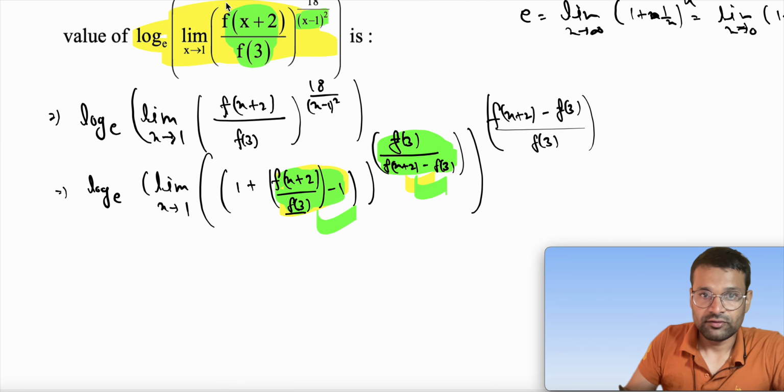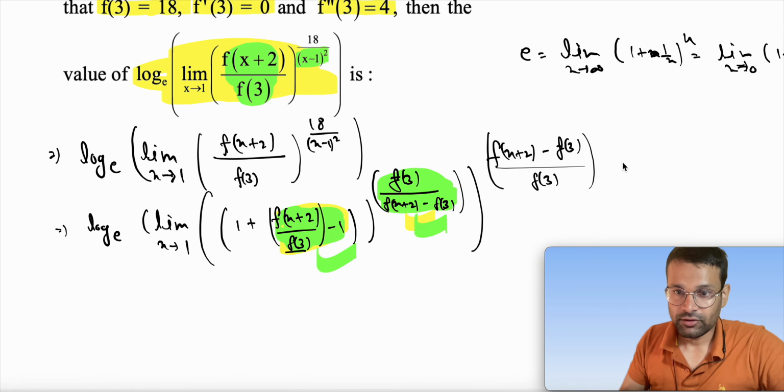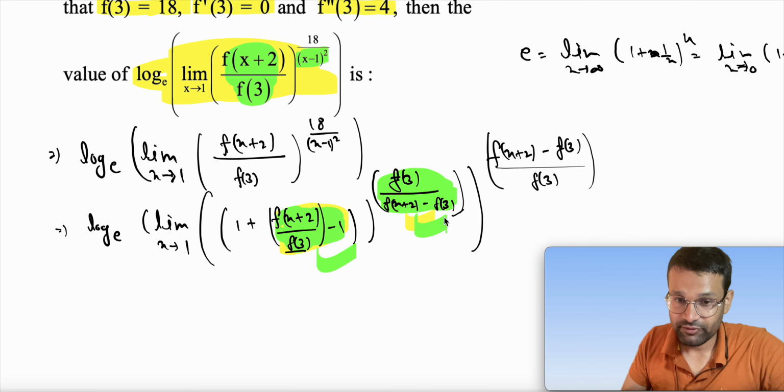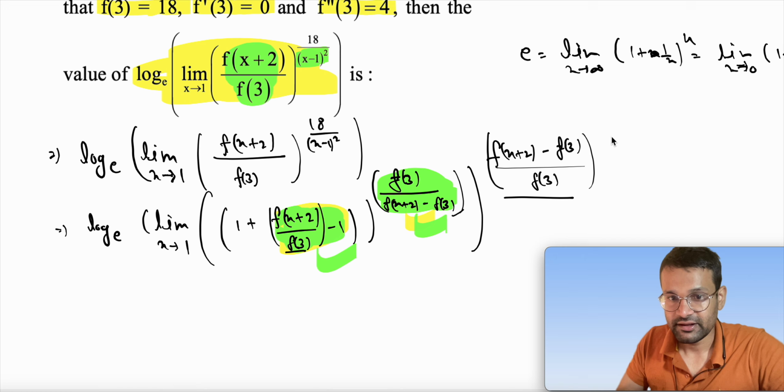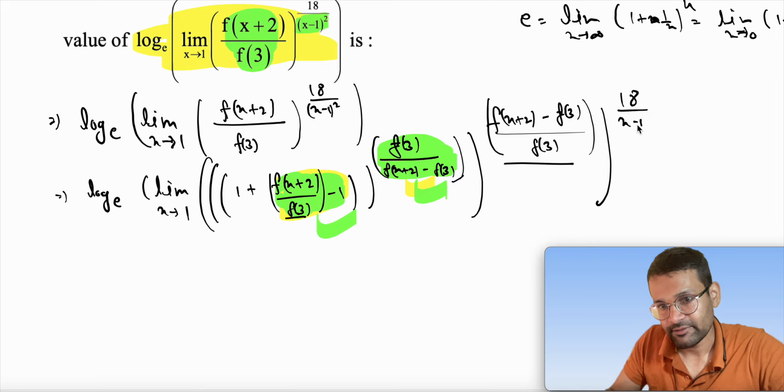Now it's just a type of arrangement. Okay, now we eliminated this, and we added this part from our side, so we rewrite it here, and now finally use the bracket. We need to add one more bracket here. Now 18 upon (x minus 1) whole square.